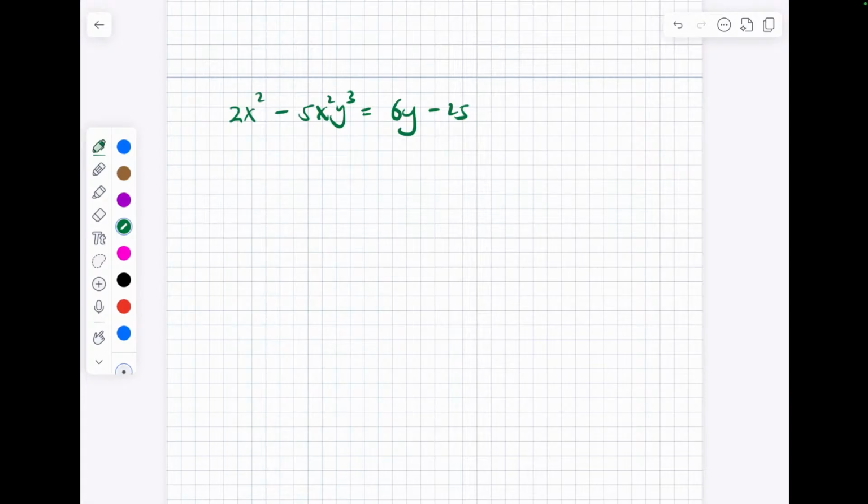So surface area. What will be the surface area without me teaching you? Can you figure out the surface area of this? Without me teaching you, can you discover?